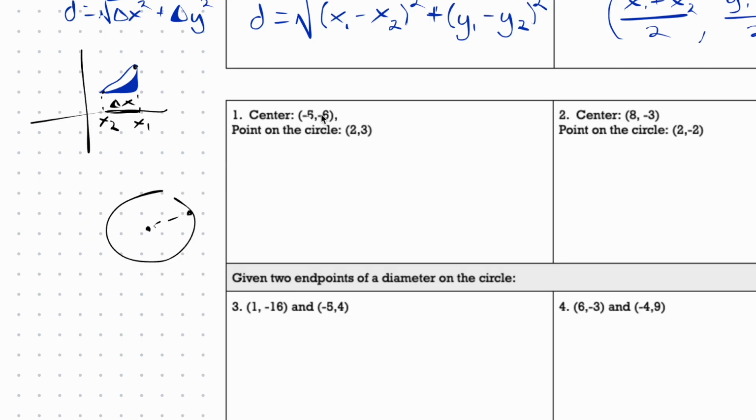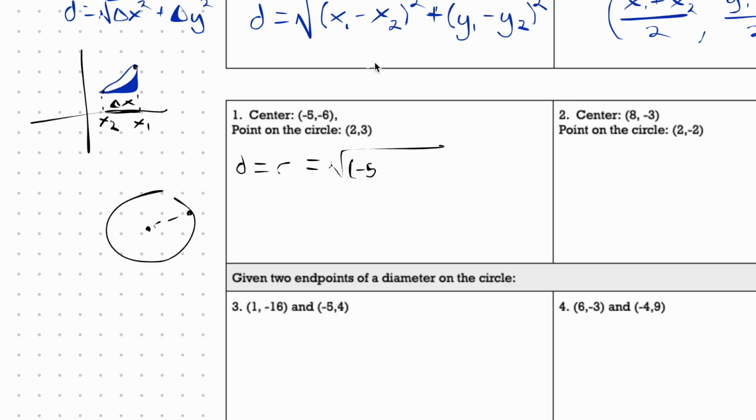And so we use the distance formula. So we're going to say D equals, in this case, D is going to equal R. We're going to say equals the square root of x1 minus x2, so I'm going to say -5 minus 2 squared, plus -6 minus 3 squared.